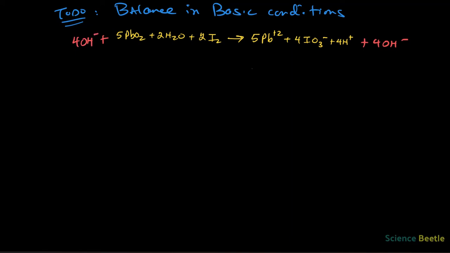Now the next thing for us to do is to take care of any waters that might have been formed. So we look to the right-hand side. Notice on the left-hand side we've got hydroxide, but the water is already here. But if we look at the right-hand side, notice we've got 4 hydrogen ions and 4 hydroxide ions.